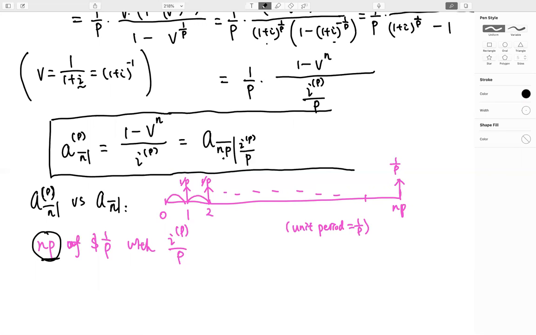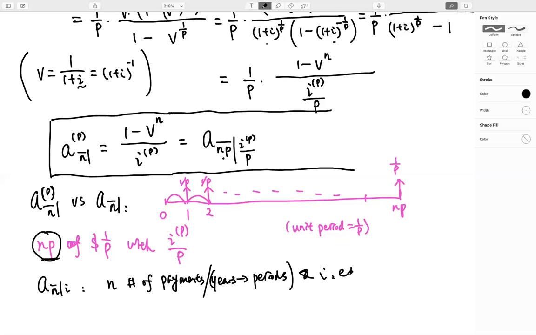And then the second argument would be the effective interest rate per period, right? So remember, in this standard notation, n is the number of payments or number of years, because in that case, year is the unit period, and i is the effective interest rate per year, right?